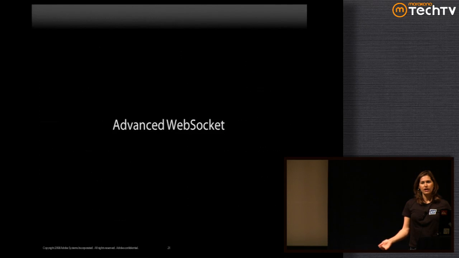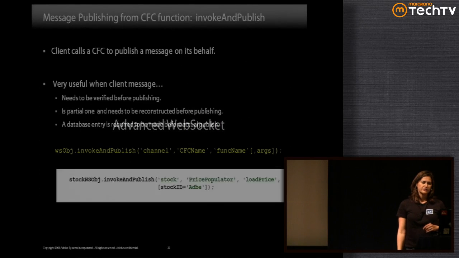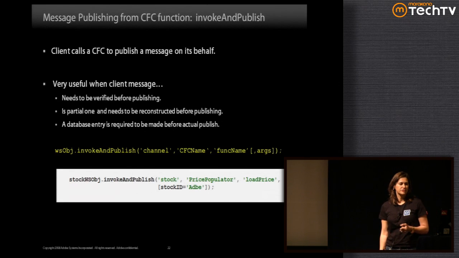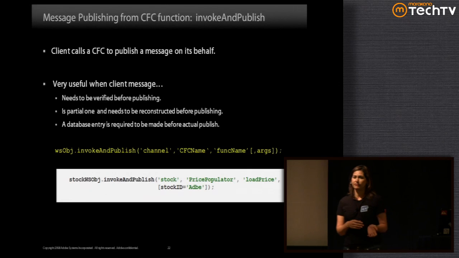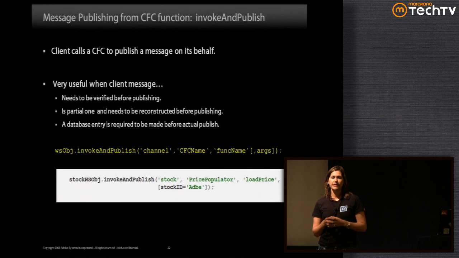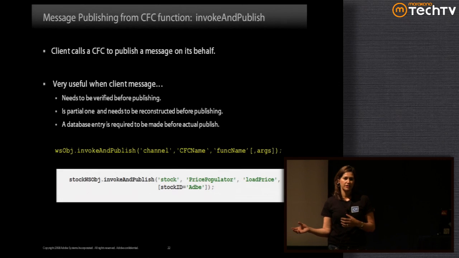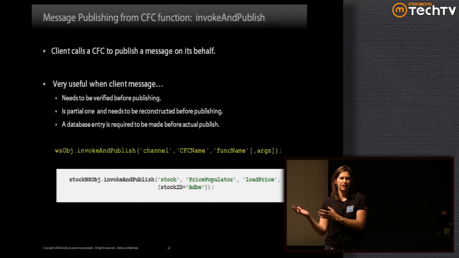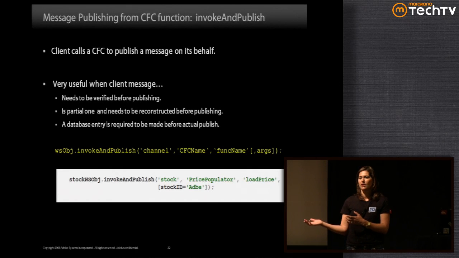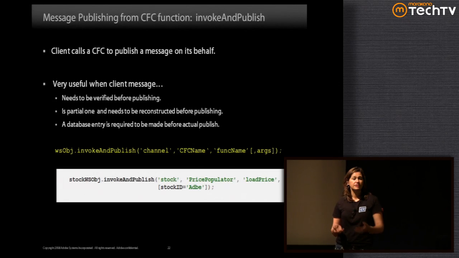So there's a couple of advanced techniques that are involved as well that we give you access to from the WebSocket perspective in ColdFusion. Basically, what we were speaking about a little bit earlier in the last slide is invoke and publish. A user can send raw data to the server, invoke a CFC. That CFC, which you can think of as a class file with several methods within it, can do some data processing on the back end.